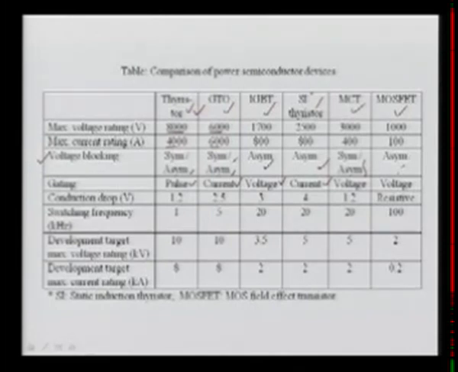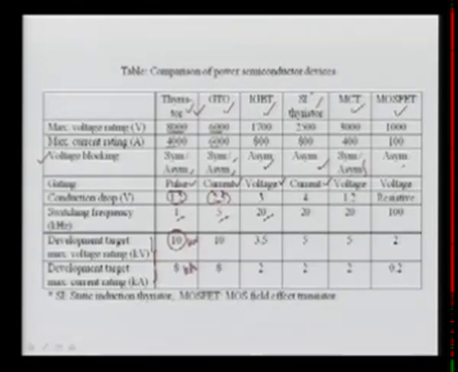If you see the voltage drop, the thyristors have the minimum drop, 1.2, however GTOs have 2.5. For switching frequency, here it is 1 kilohertz, the GTOs are 5, and IGBTs go even up to 20 kilohertz. Now the targeted values: it is expected that in the future we can achieve thyristors of rating 10 kilovolt and 8 kiloampere.